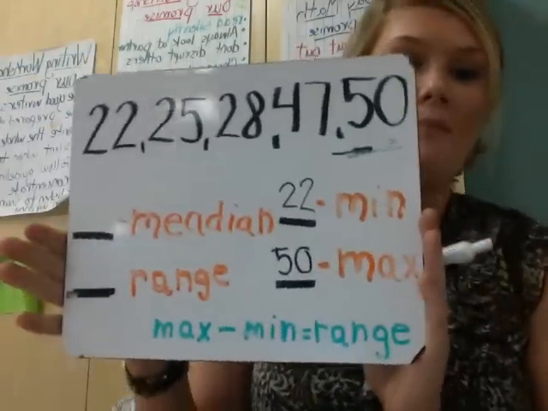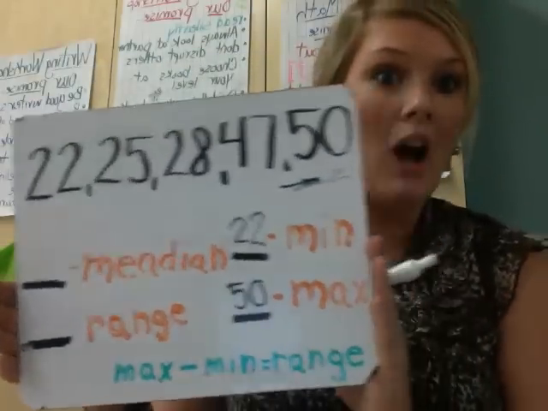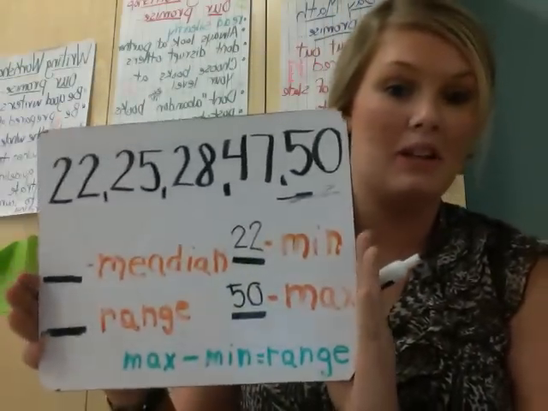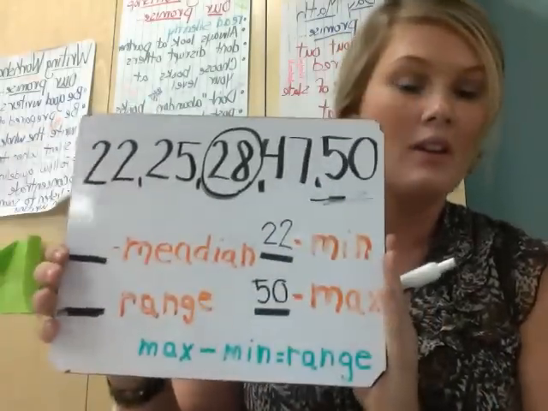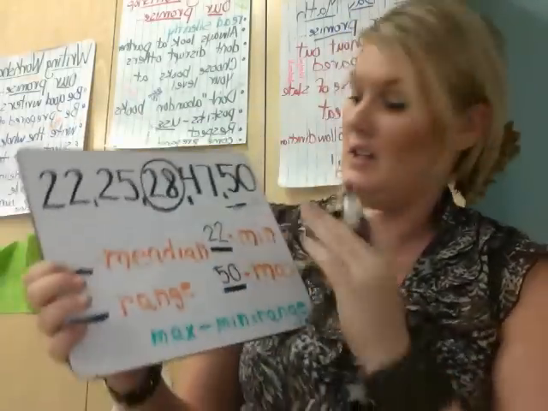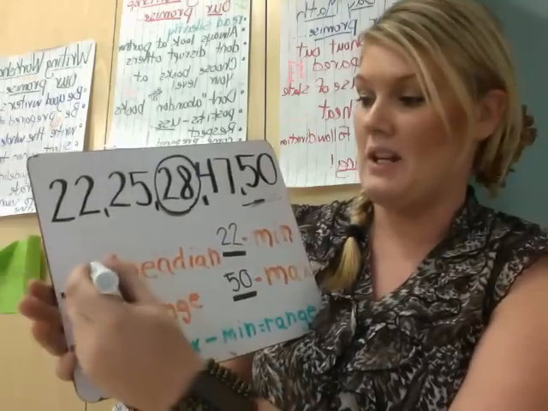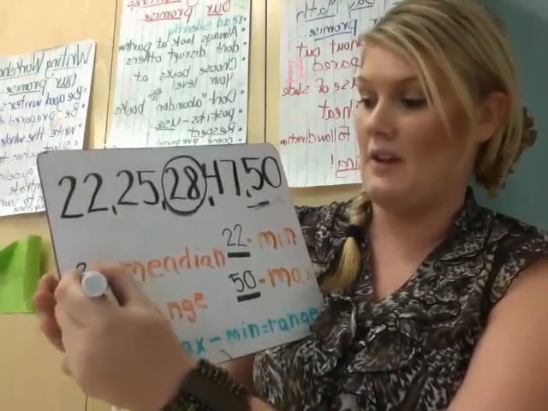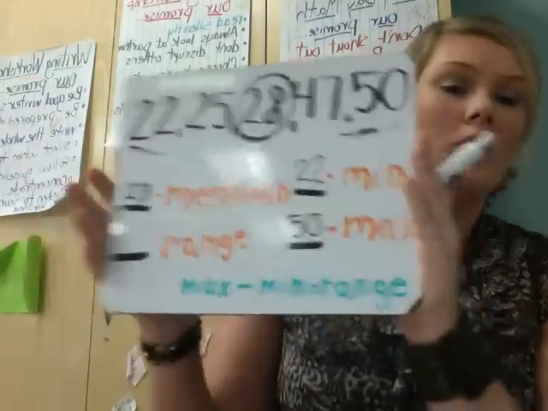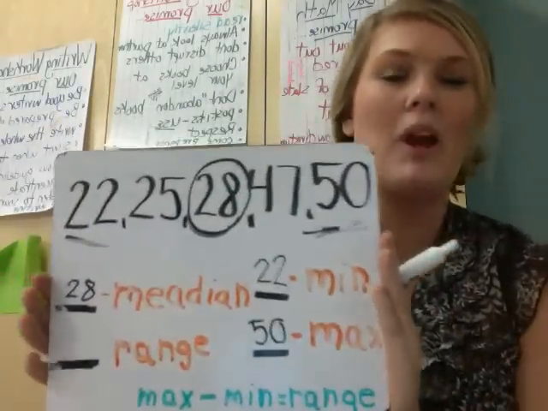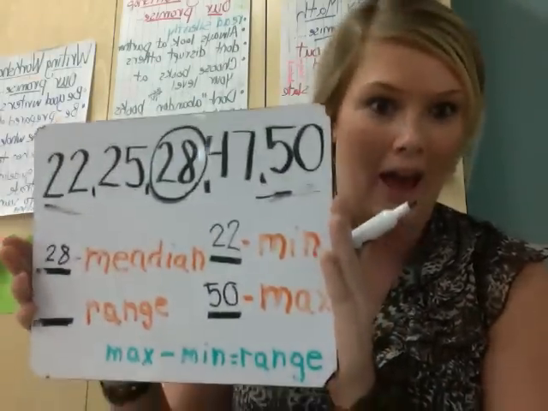So we already have our maximum and minimum done. We already did the median, which is the middle number, which we decided was my brother. He's the middle. Okay? So we would write down median, which is 28. So now we've come down to range. Now if you remember, range is where you actually have to do some math.